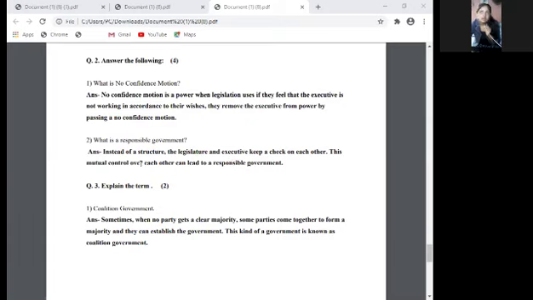This mutual control over each other can lead to a responsible government. Third, explain the term coalition government. Sometimes when no party gets a clear majority, some parties come together to form a majority and they can establish the government. This kind of government is known as coalition government.